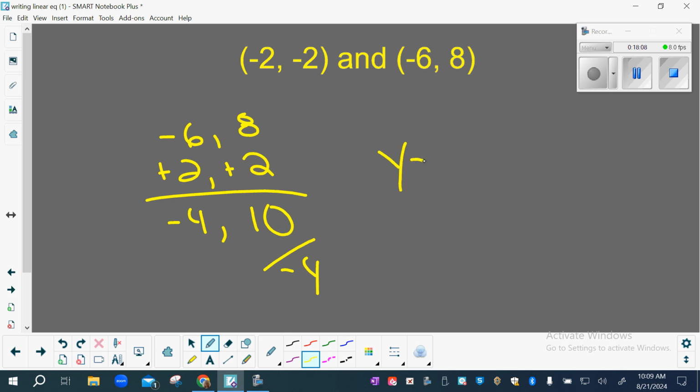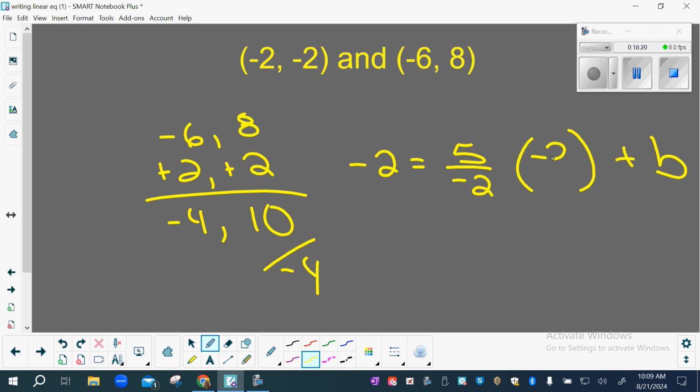So I'm going to say y equals 5 over -2 times whatever x is plus b. Now I'm going to plug in here the -2, and look what I'm going to do here, -2 over 1. So I think it was just a slope. Yeah, and once you got that down, this is me. So here's what I'm going to do.